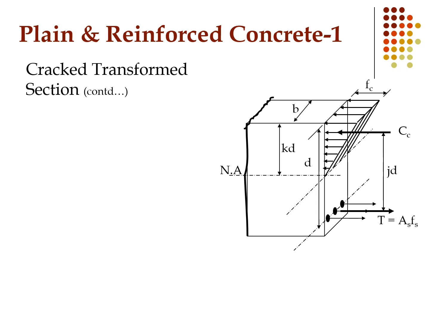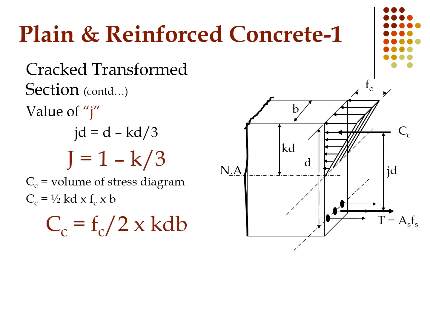So now we got k. Now we are interested to find out how to get the value of j. So you can see that this is our triangle, right? The distance from this tension force to that compression force is j times d.